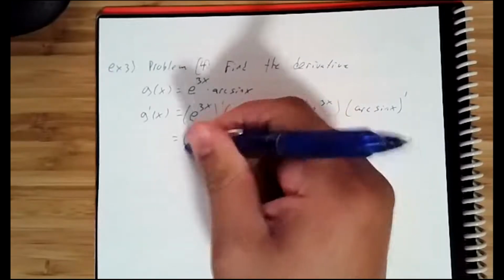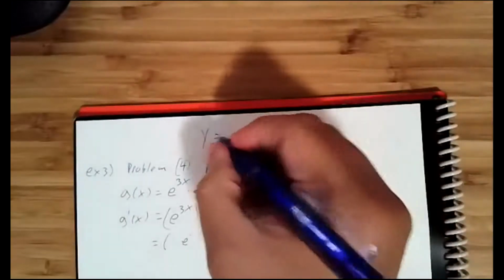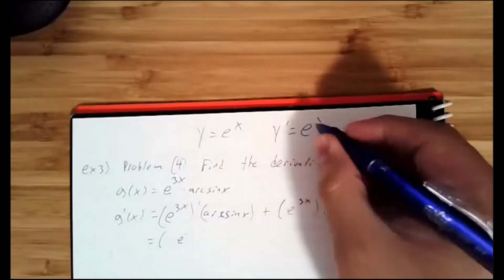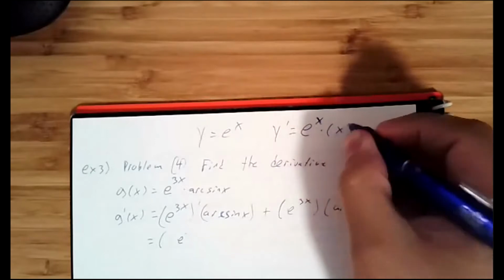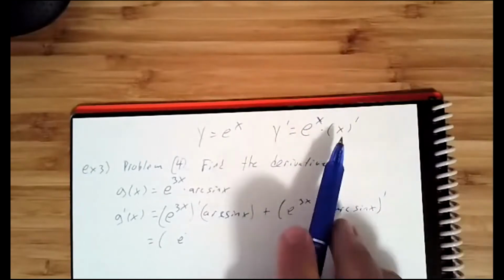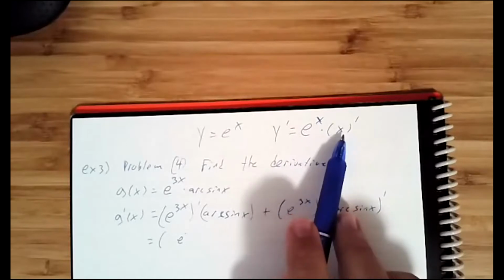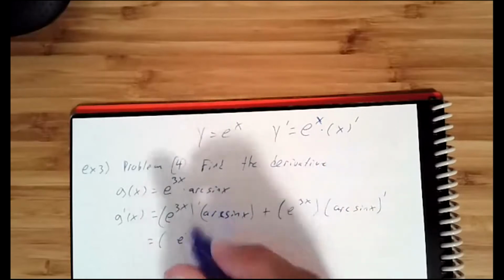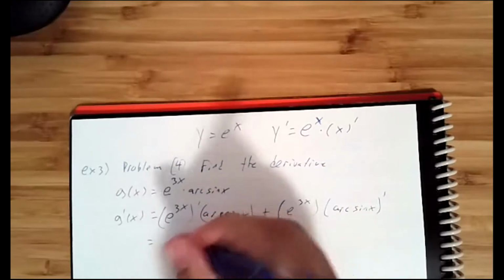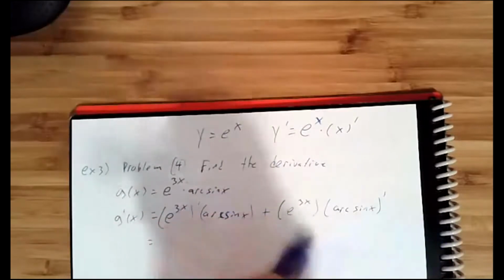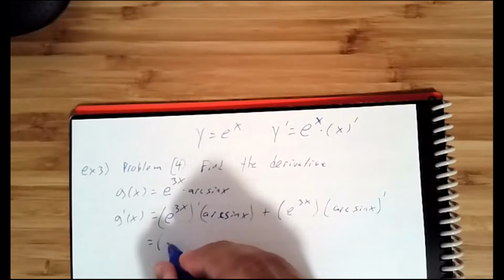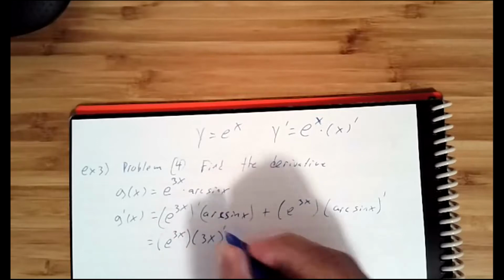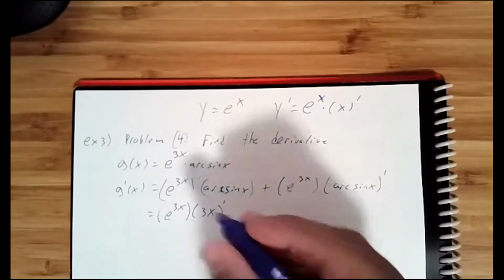But you could think of it this way: if you have an e to the x, your derivative would be itself times the derivative of the variable. But most of the time, since that's just the one, it never really matters. But here we have this derivative. It'd be itself times the derivative of that inner function. I see. That makes sense.